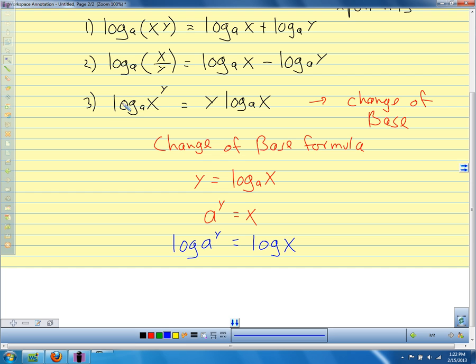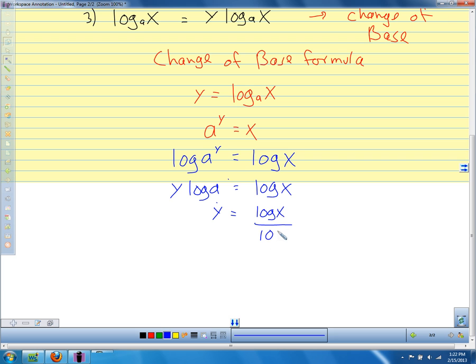Now I use this last rule of logarithms: the exponent comes down, so y times the log of a equals the log of x, and I get y equals log of x over log of a.